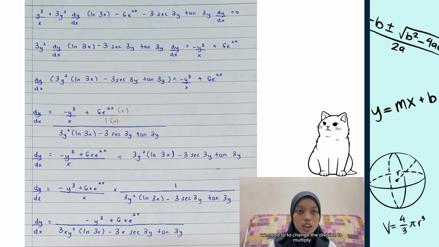We need to change the division to multiplication. So we put 1 over 3y squared log 3x minus 3 secant 3y tangent 3y, and we can multiply as usual. So the final answer is negative y to the power of 3 plus 6x e to the power of 2x divided by 3xy to the power of 3 log 3x minus 3x secant 3y tangent 3y.